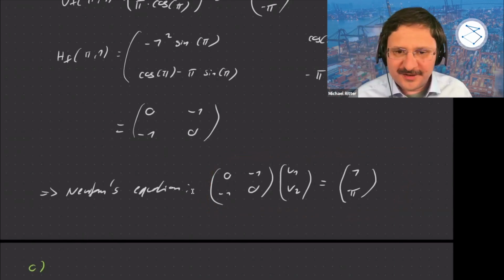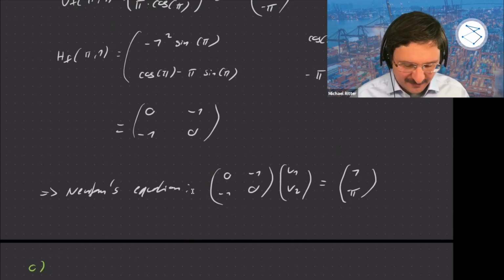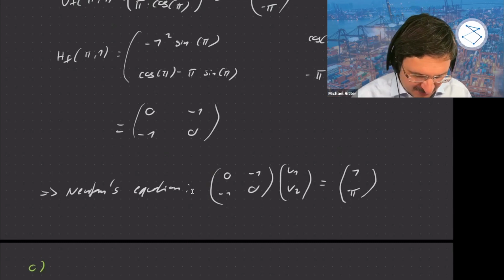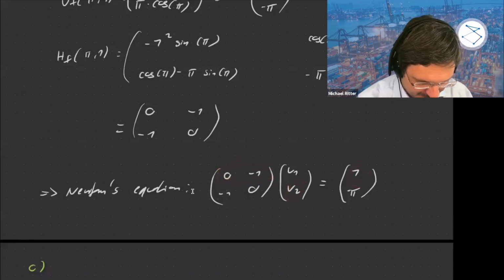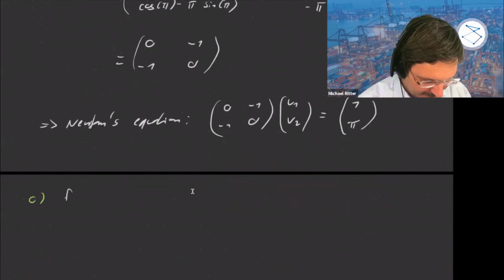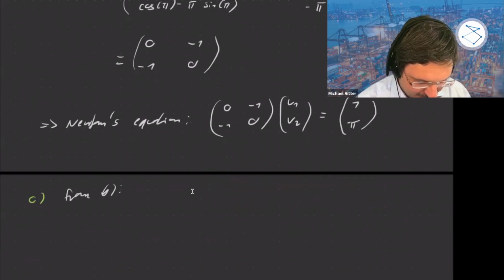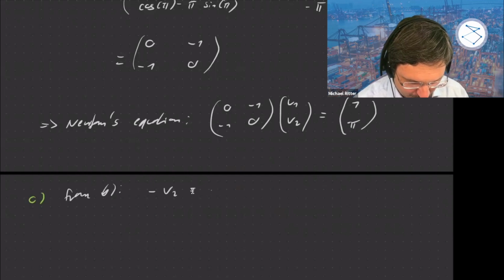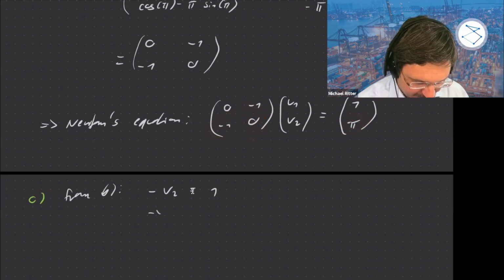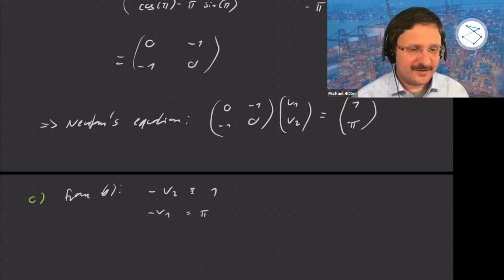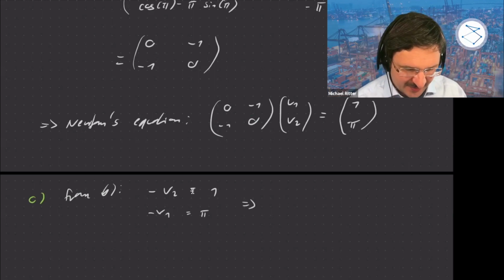The solution in this case is thankfully very simple, because basically this first line here is minus v2 equals 1. So from B, we get minus v2 equals 1. And the second line here is minus v1 equals pi. So two completely independent equations that we can solve right away.